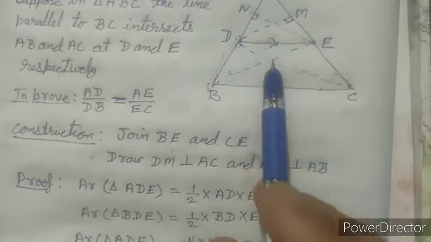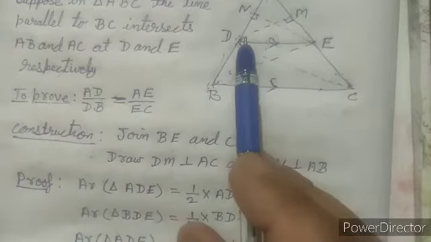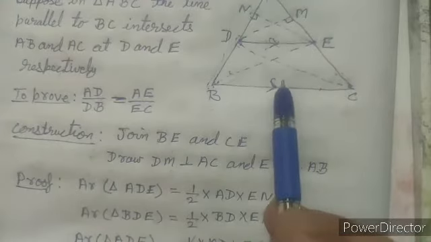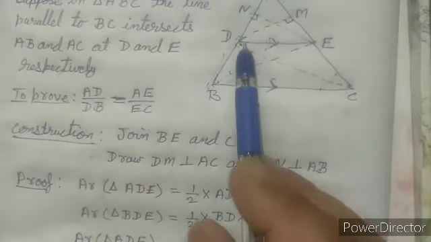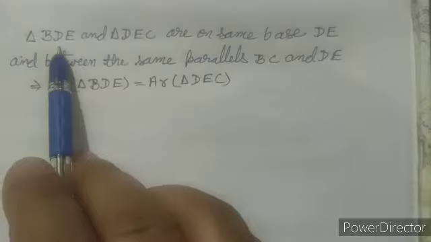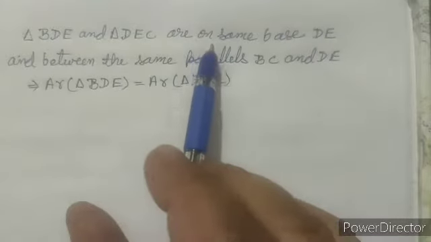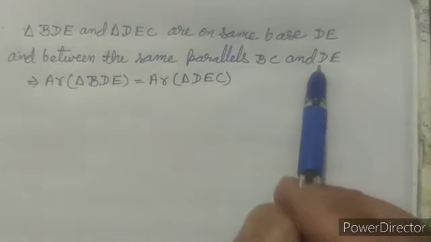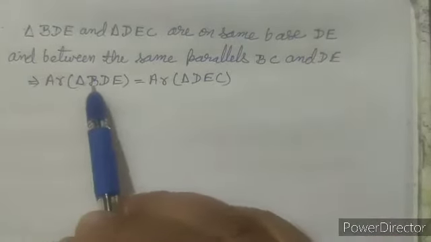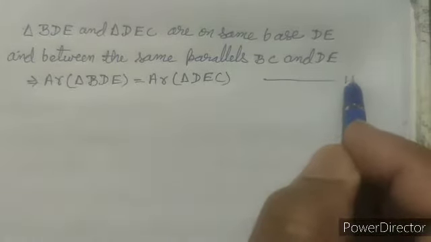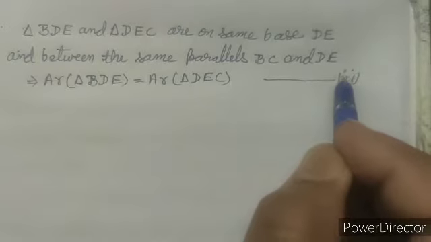That means these two triangles will have equal area as they are on the same base DE and between the same parallels DE and BC. So we can say that area of triangle BDE is equal to area of triangle DEC, and this is equation third.